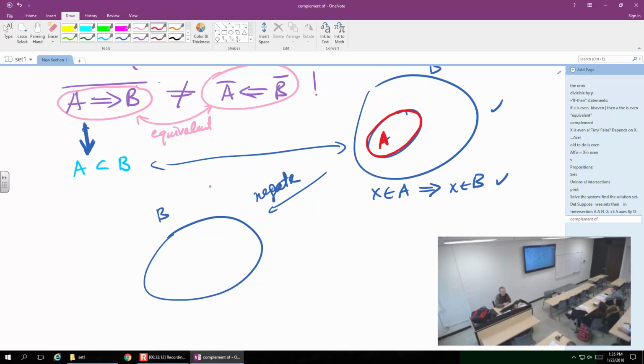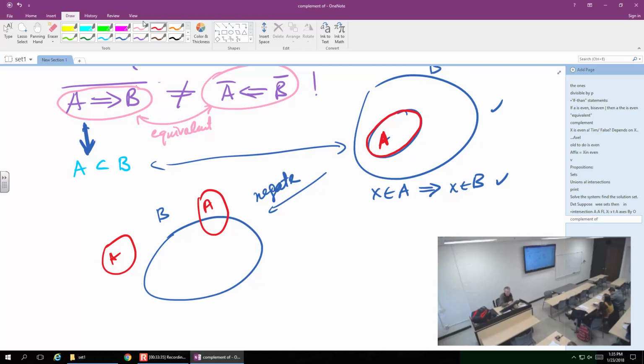So it should be on the outside somehow. This is okay, but this one too. That's the problem with negating the statement: you cannot really say where exactly A is located. It does not have to lie entirely outside of B, because as you can see, that second A is not inside of B, so it's a possibility.